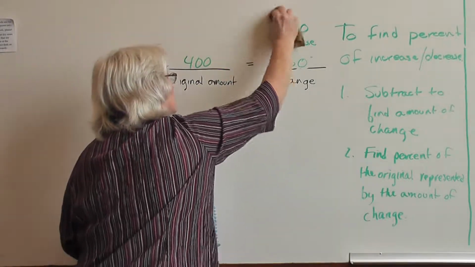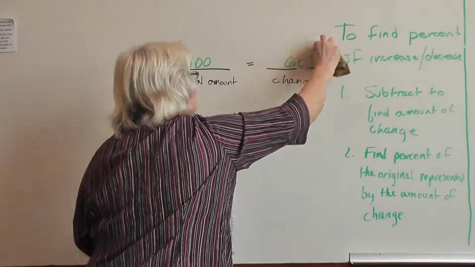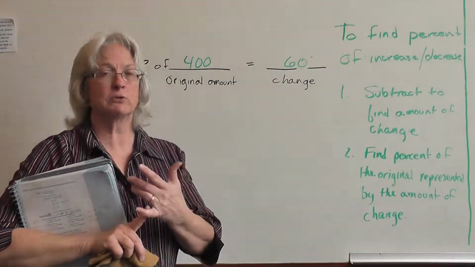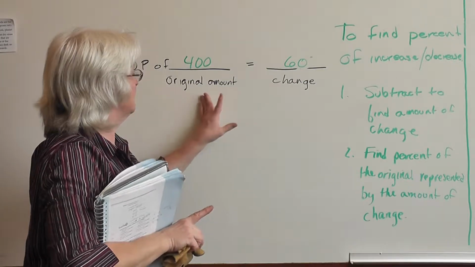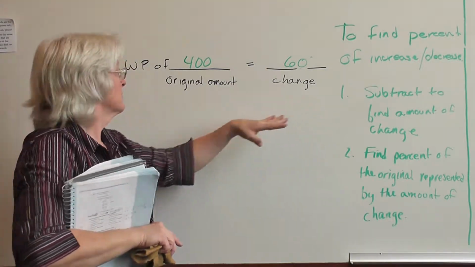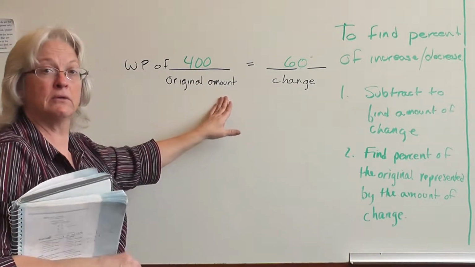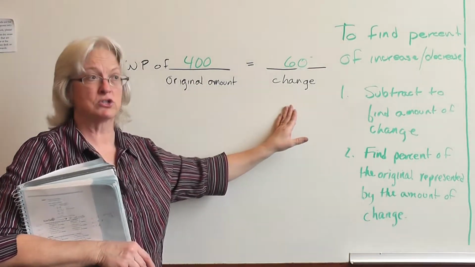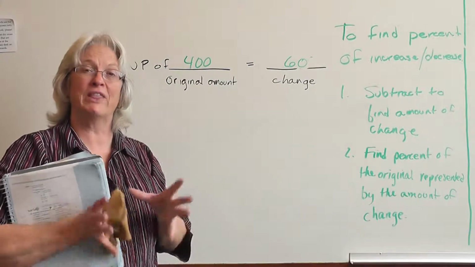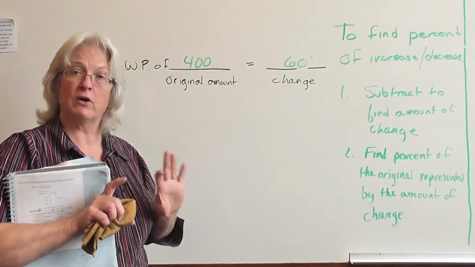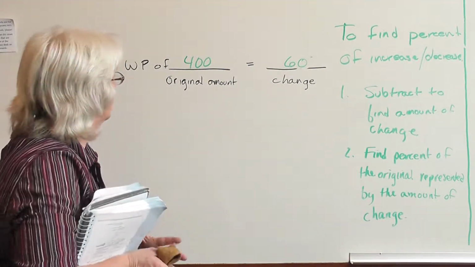And we're going to have 100%. We're going to have to deal with our original percent. What three pieces of information do we have here? We have what percent, original amount, and change.